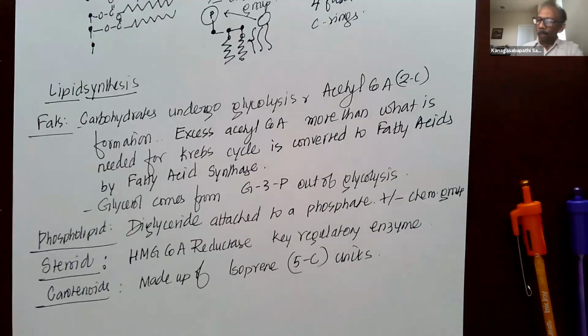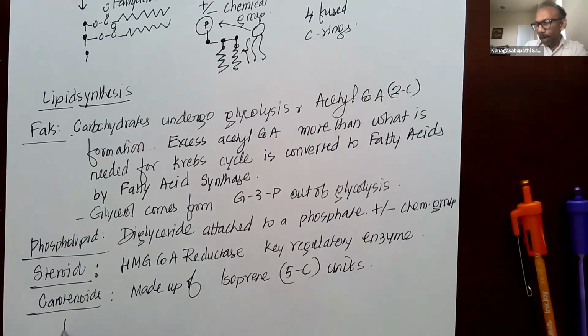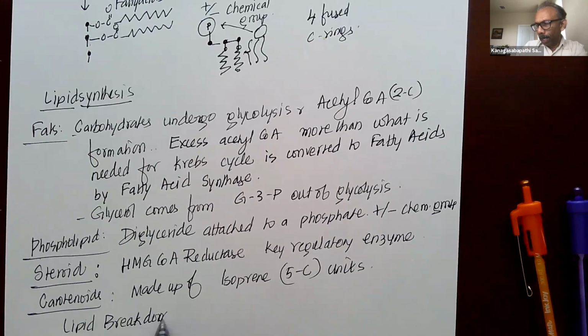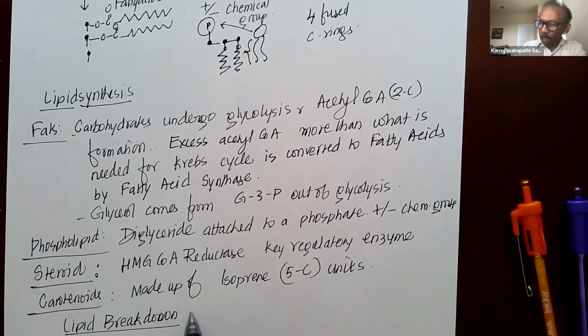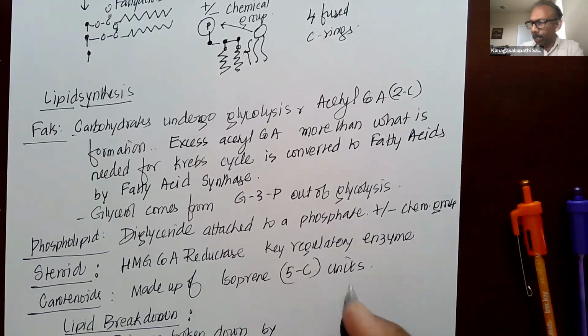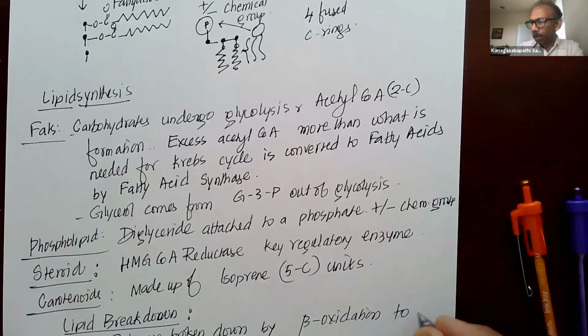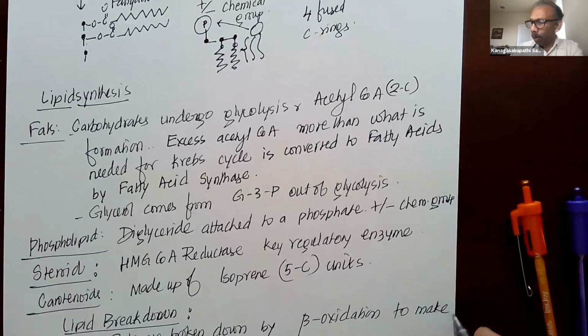So lipid breakdown is the next one we want to understand. The first part is that fats are broken down by a process called beta oxidation, where they are converted to acetyl-CoA.